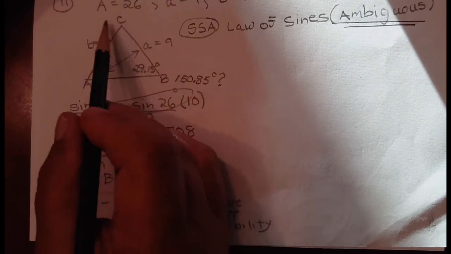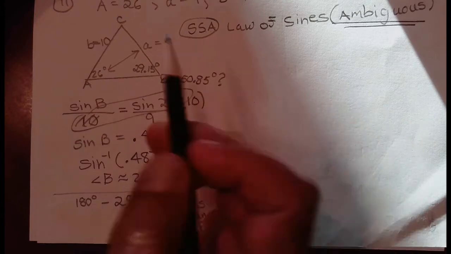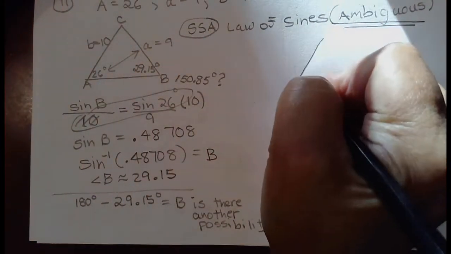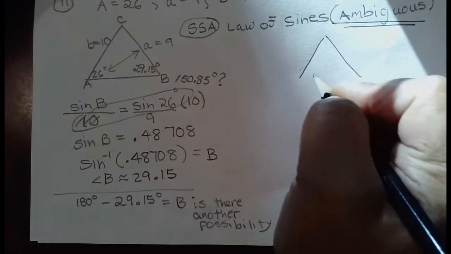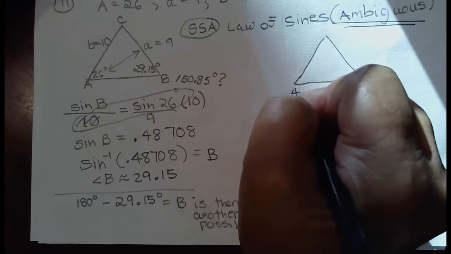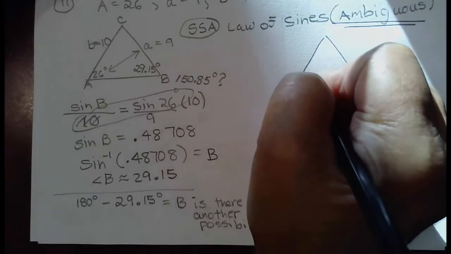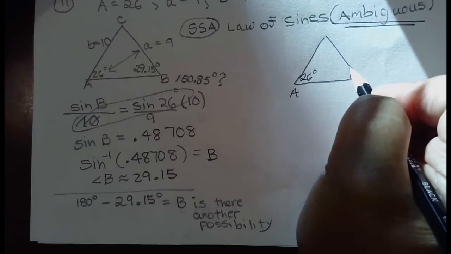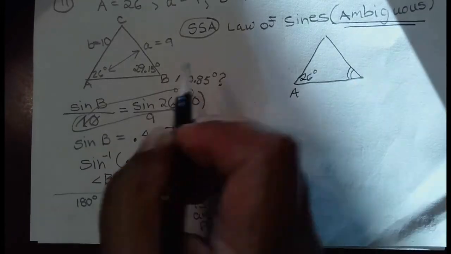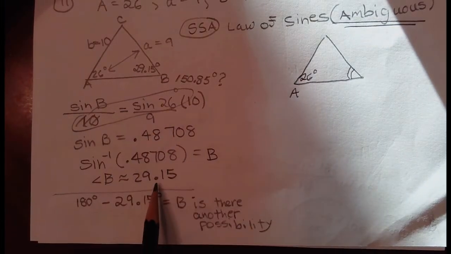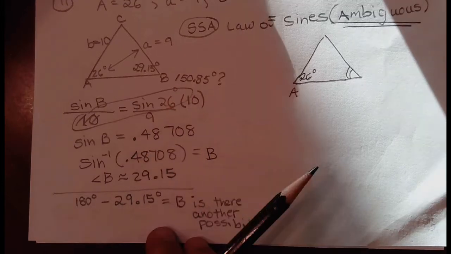Everything that was given, you're going to leave the same. Like this was given, you're going to leave that the same. The only thing that's going to change is this angle that could go by two different possibilities. It could be the original one that we found at 29.15 degrees, but we found out by coming off to the side and subtracting 29.15 from 180 that it can also be 150.85.